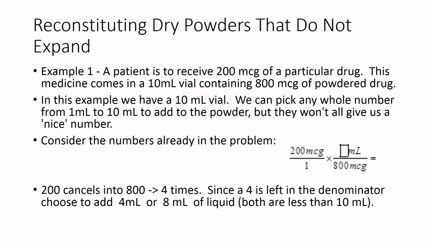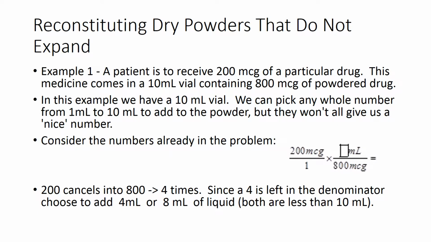We'll have 200 micrograms per dose, which is the dosing amount. We have X number of milliliters over 800 micrograms because that's the amount that's in the vial. So you see the 200 and the 800 cancel out 4 times. Since 4 is left in the denominator, you might want to choose either 4 milliliters or 8 milliliters, because both of these are less than 10, and both of these will give us an even number of milliliters in terms of our final dosage.